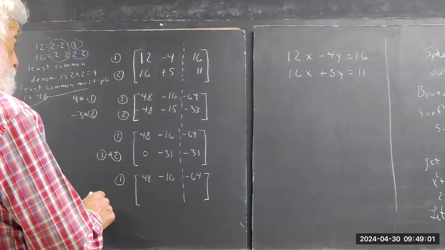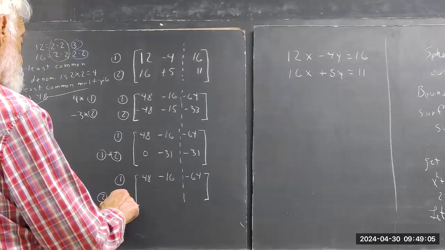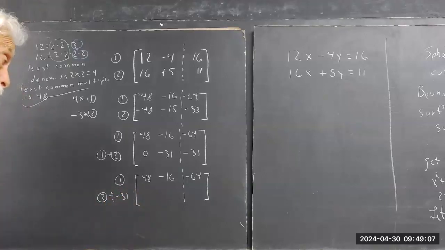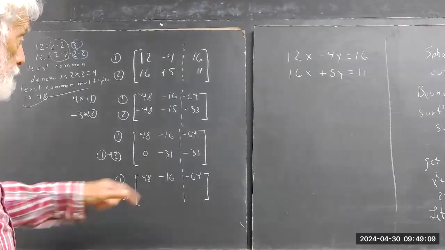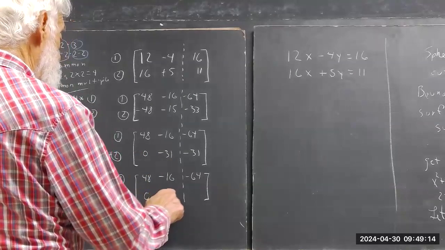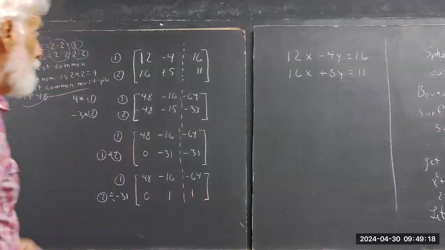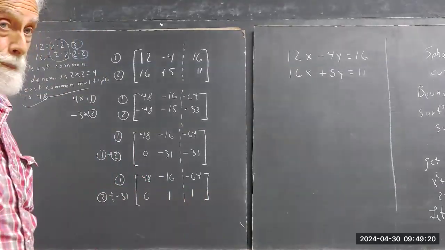So I'm not going to do that. But I'm going to then divide equation two by negative 31. Because why? That's going to be a one here. Okay, so I've got my zero, and I've got my one, and now I've got one. Well, this tells me that y equals one.